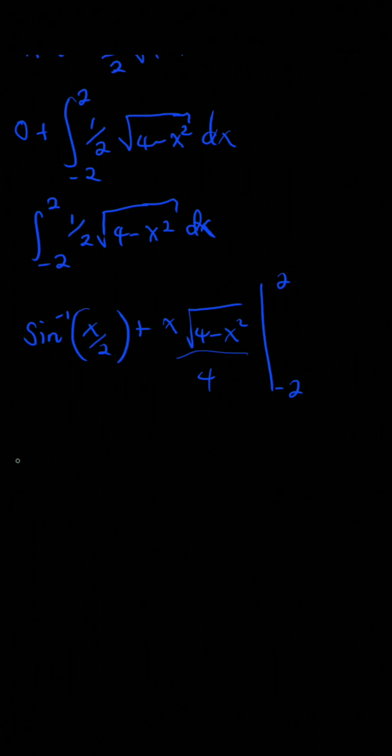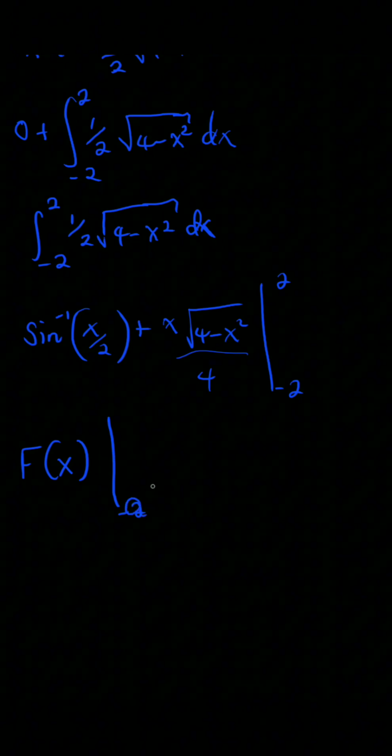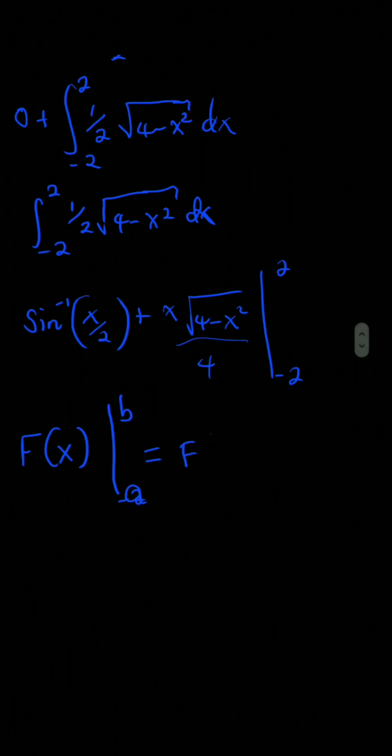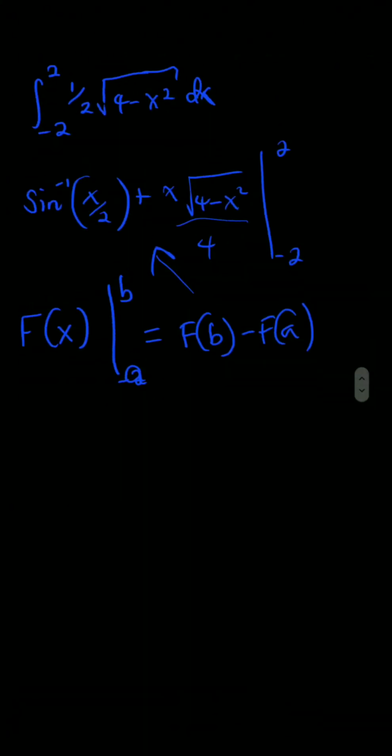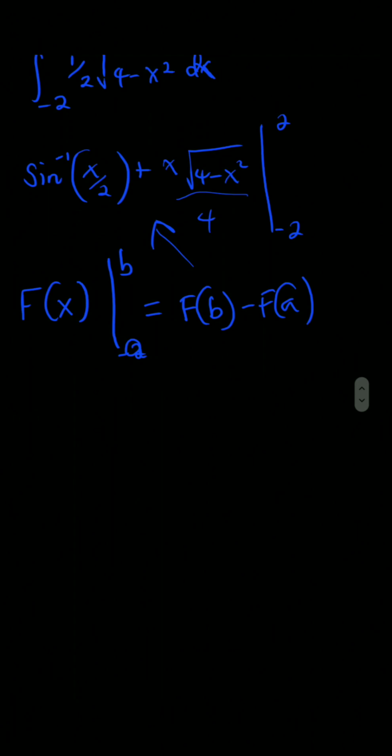This is the same as saying if you have f of x integrated from a to b, it ends up being f of the upper limit b minus f of the lower limit a. So that's the same case that we're going to do with what we're given here.